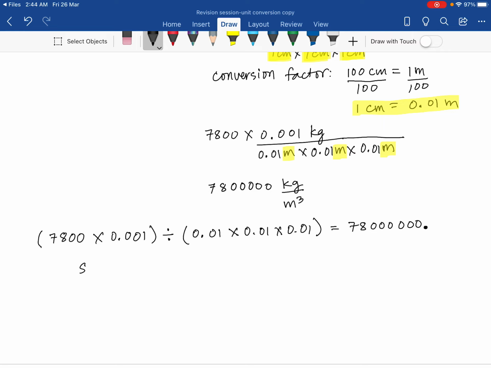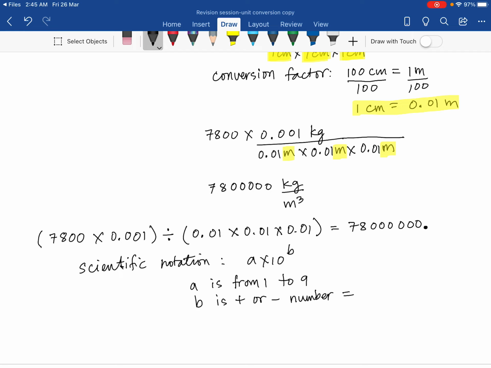In scientific notation, you write the number in the form a times 10 to the b, where the value of a is anywhere from 1 to 9, and b is a positive or negative number equal to the number of steps taken to move the decimal point in order to get a.